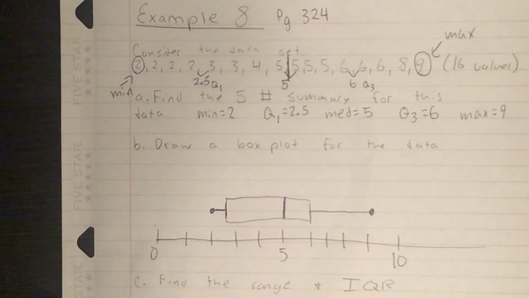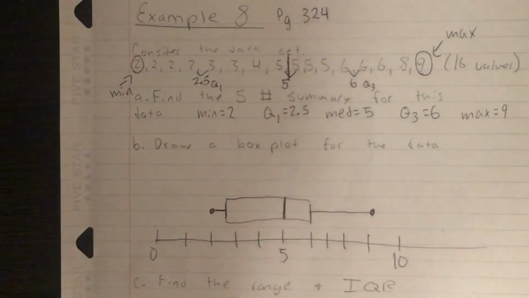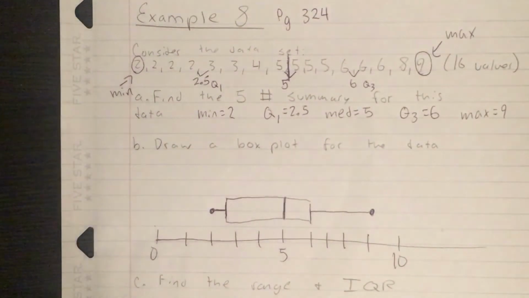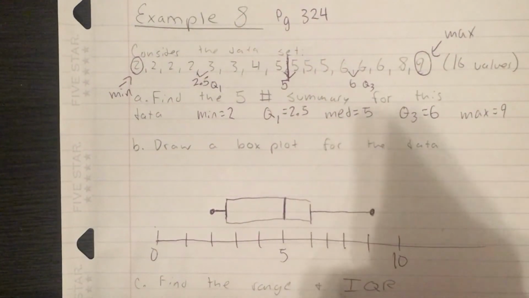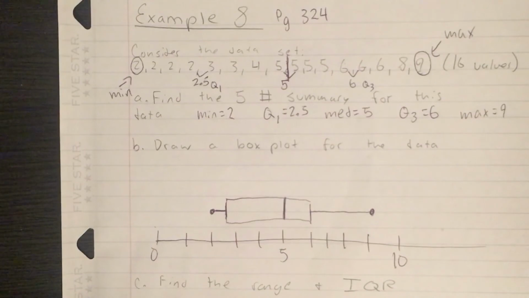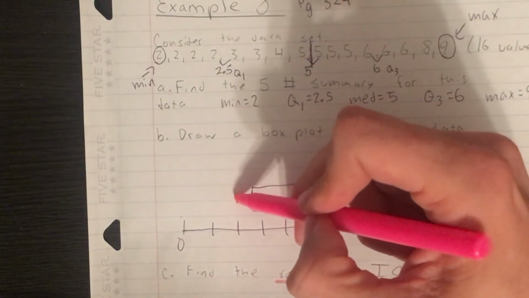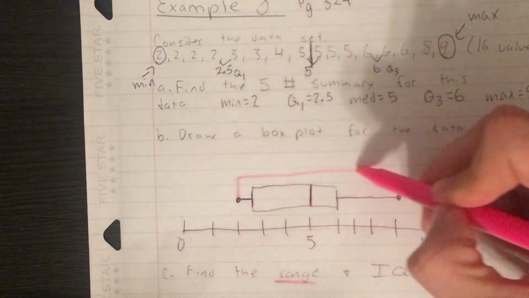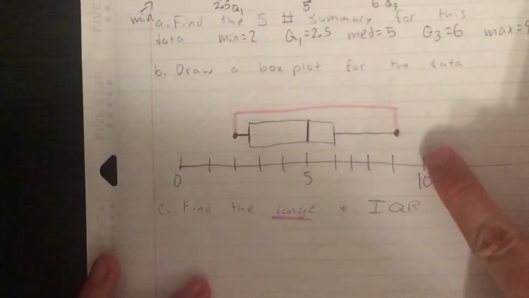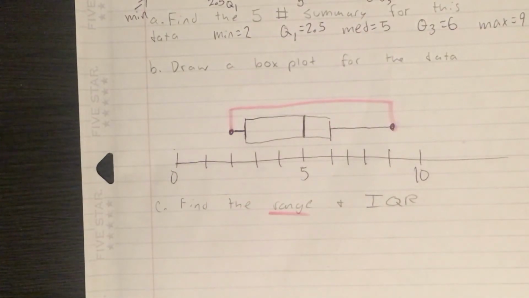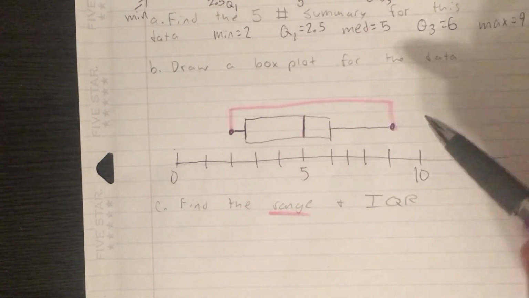So now we want to find the range and the IQR. Graphically, what you're finding when you find the range, and we'll do the range in pink here, is you're calculating this distance right here, the distance between the longest point and the shortest point.